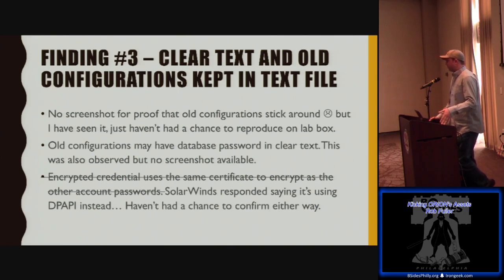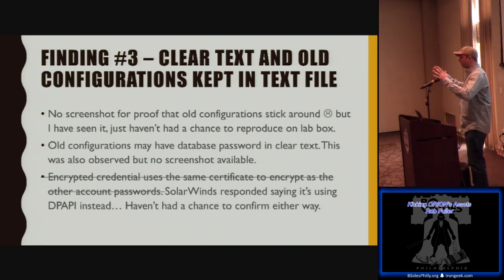No screenshot of proof because the old configurations were at a client site. But what happens when you install a new version of SolarWinds Orion is it moves the database file, it moves the connection string instead of replacing it, and adds a new one. And then again, and adds a new one.